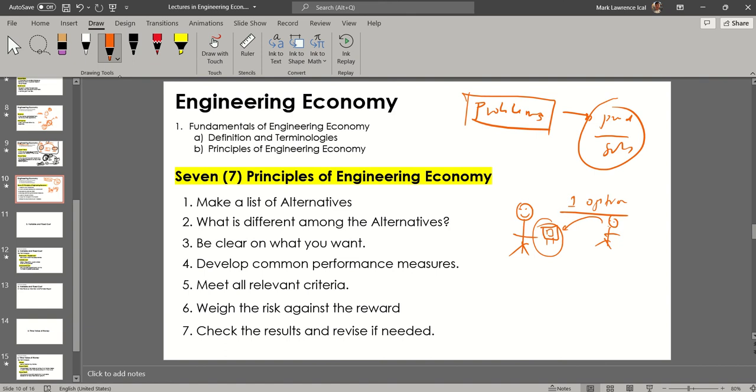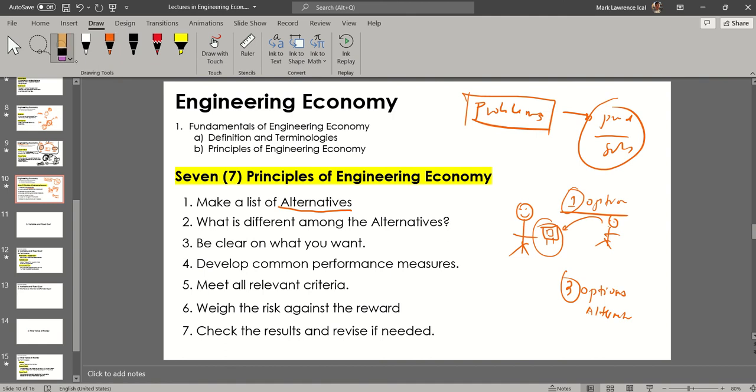You know why? You have to put alternatives. Because that person might not be okay with your solution, number 1. So you have to prepare at least three options or 3 alternatives. Okay. You have to provide at least 3 alternatives or options for this person na tingin niya papasok sa budget niya, magiging okay sa kanya. Okay. So yun yung dapat na ginagawa. So you have to provide alternatives first.